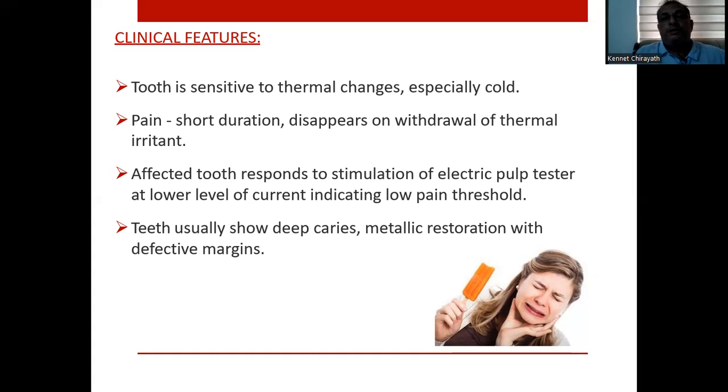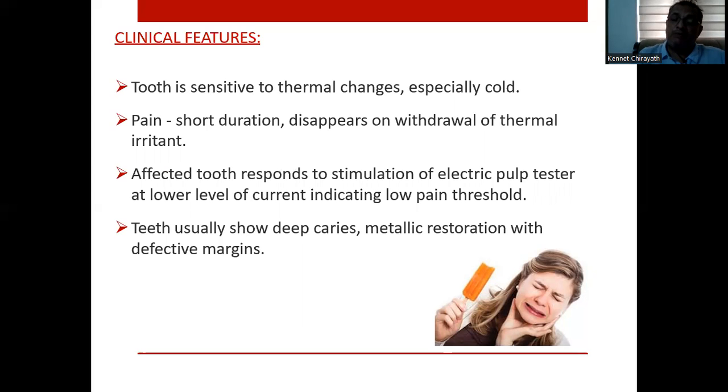Pain is of short duration and disappears on withdrawal of the irritation. So once the irritation is removed, the pain subsides. The affected tooth responds to stimulation by the electrical pulp tester at a low level of current, indicating a low pain threshold, and teeth usually show deeper caries or metallic restoration with a defective margin.